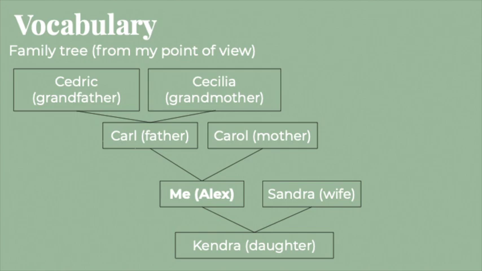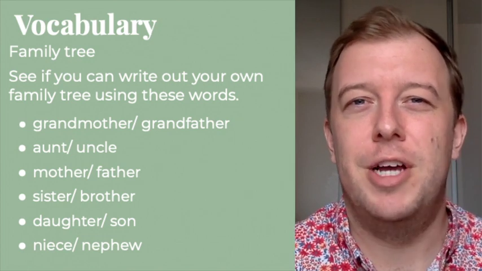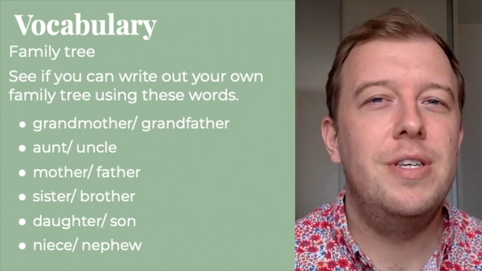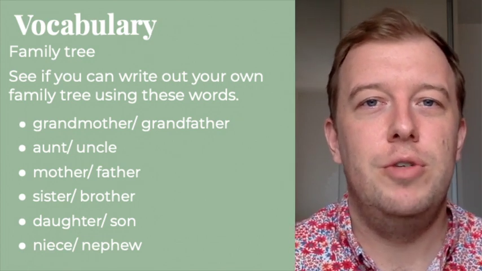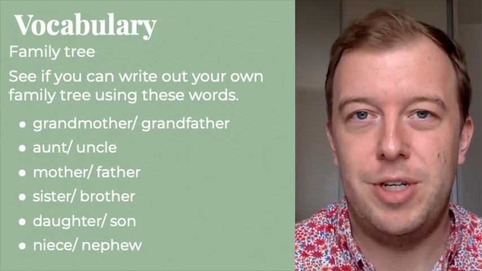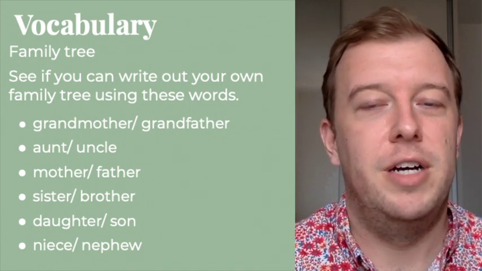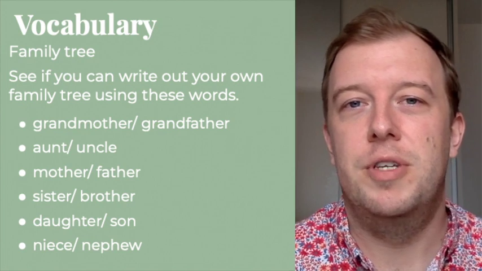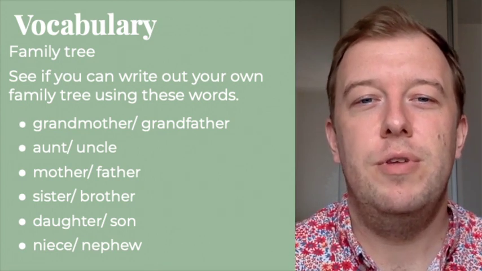Okay, now this is a basic family tree. You can take it out further with aunts and uncles and nieces and nephews if you like. In fact, I have a challenge for you. Using these same terms, I want you to write down your family tree. You can write it on a piece of paper, you can use some technology, whatever you like.